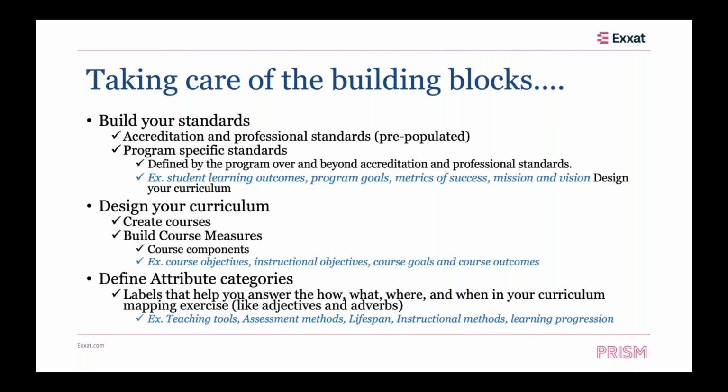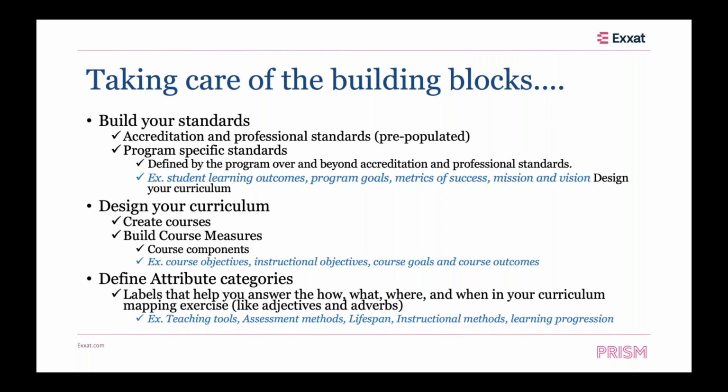We do give you the capability of modifying them, editing them, changing their order in case you need to do that. Now, for accreditation standards, we wouldn't want to mess with them, right? We just want to map them as they are. But if they are program specific standards, which is the second bullet right here, those are highly specific to each program. Those could be your program defined standards, and most programs like to go over and beyond their accreditation and professional standards.